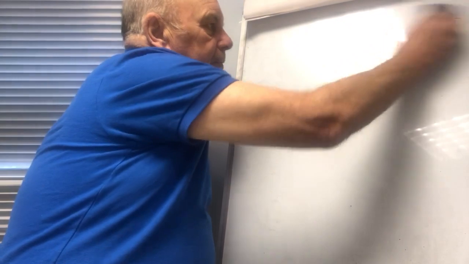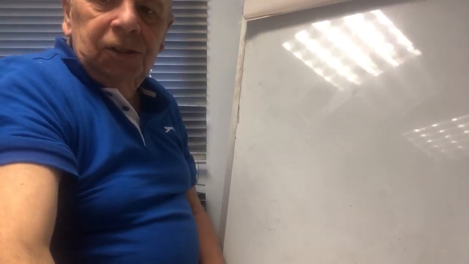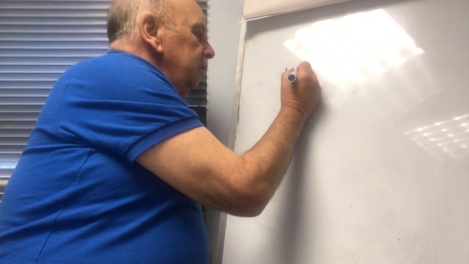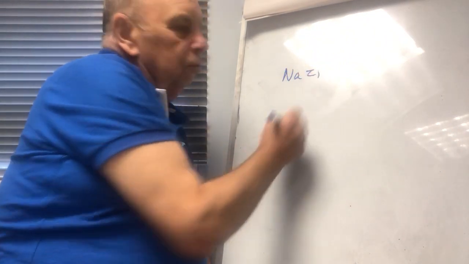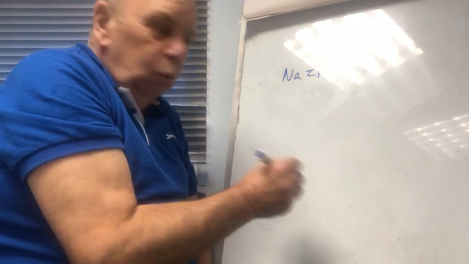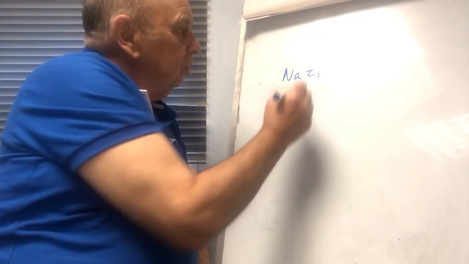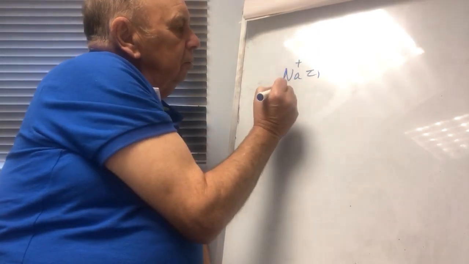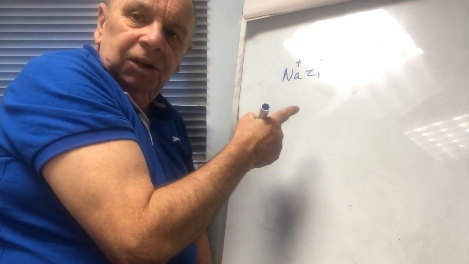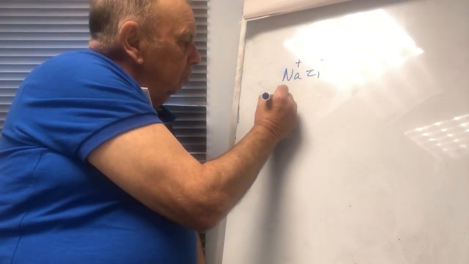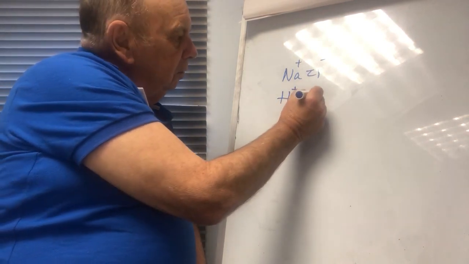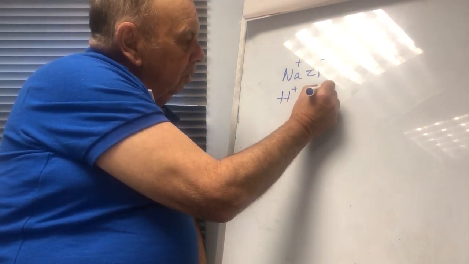Now, let's look at solutions next. Suppose I've got something like this sodium chloride solution. So when it's in water, it contains sodium ions and chloride ions. And don't forget, if it's in water, it also contains hydrogen ions and hydroxide ions.